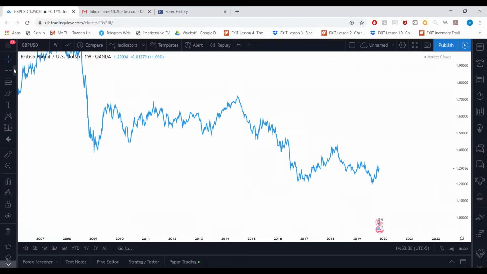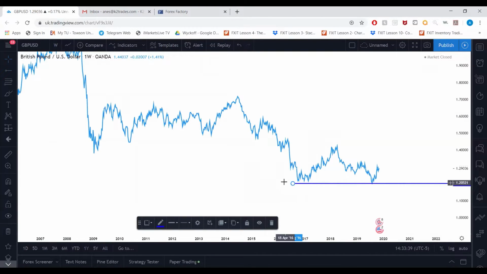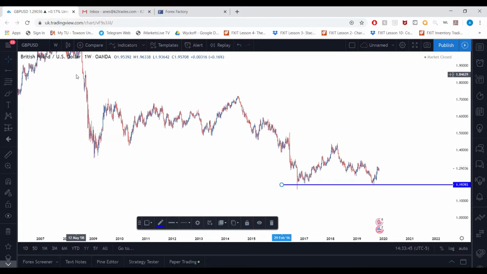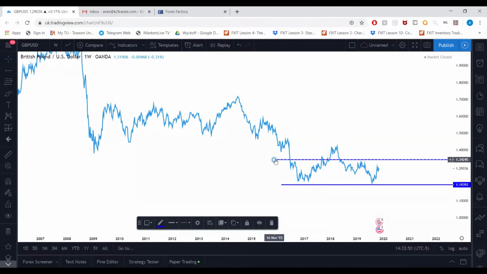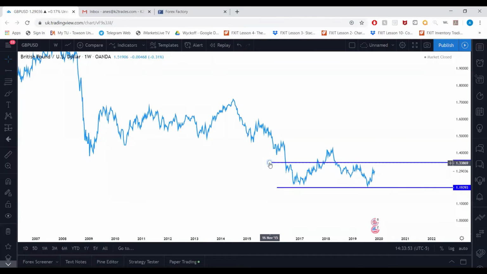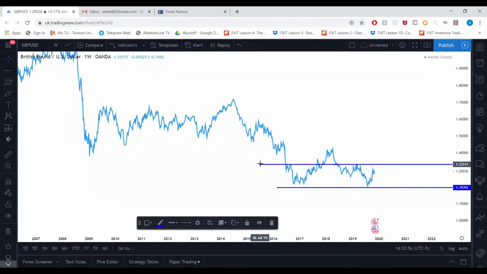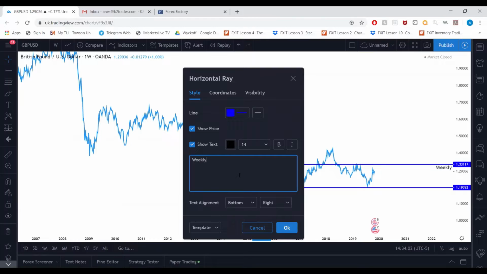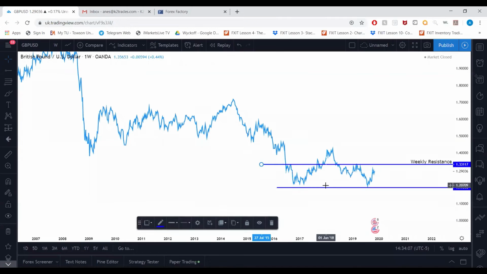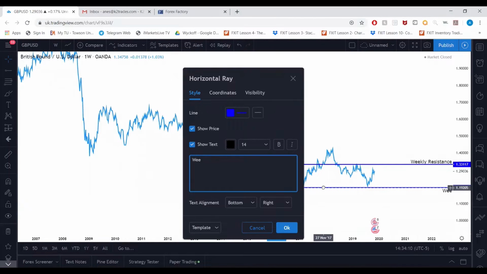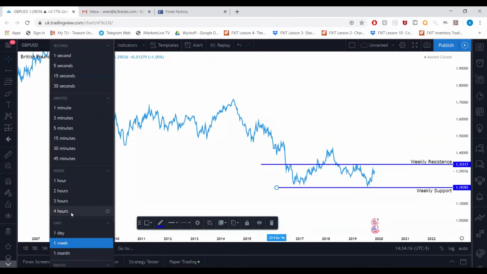So we have now our zone. And let's look at the daily.